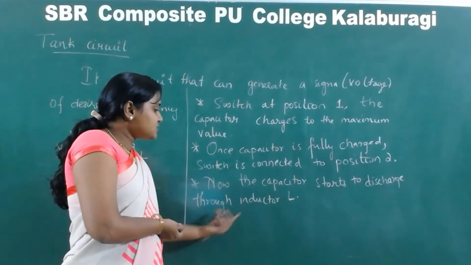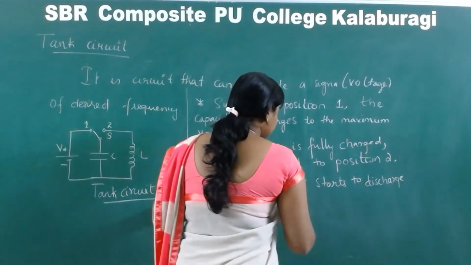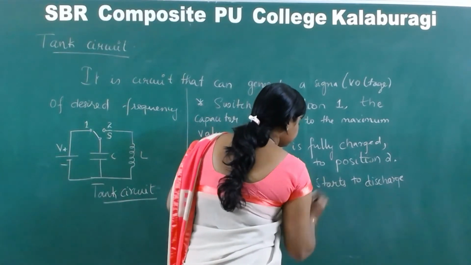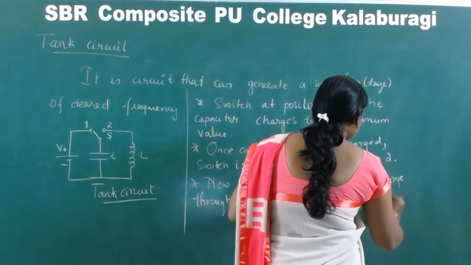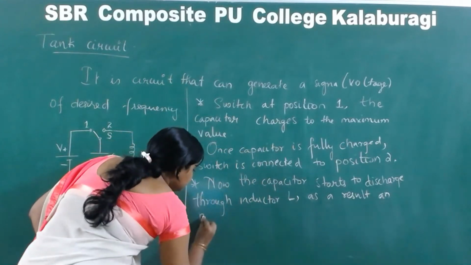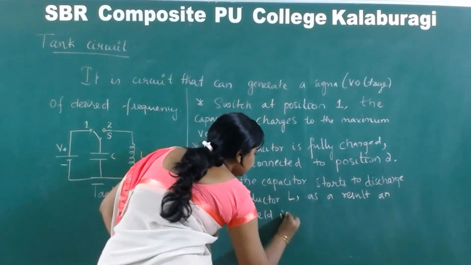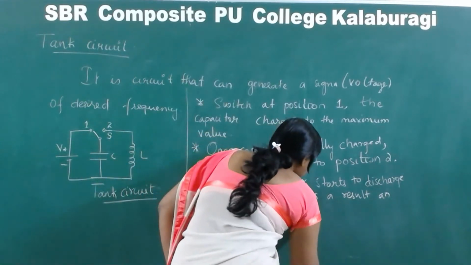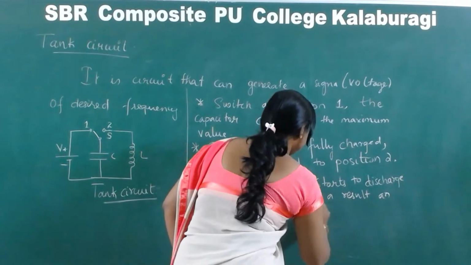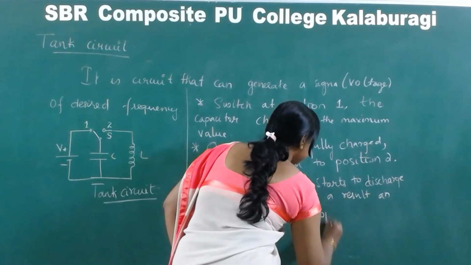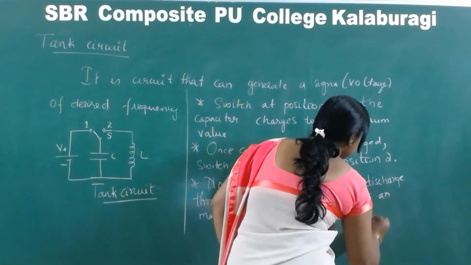It will start to discharge through inductor L. As a result, a magnetic field is developed around the inductor.